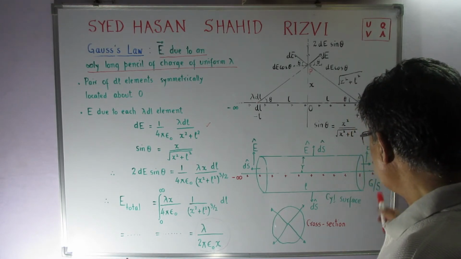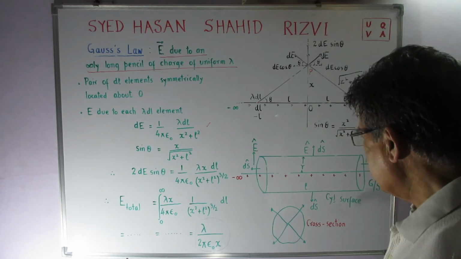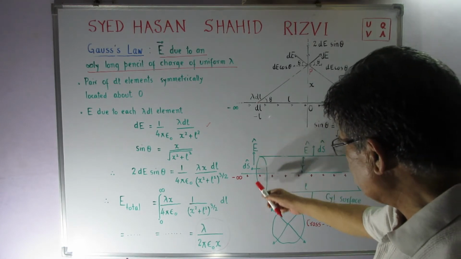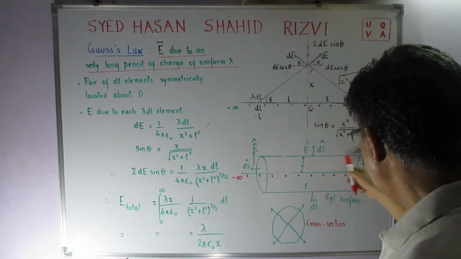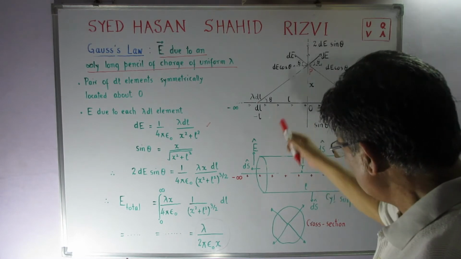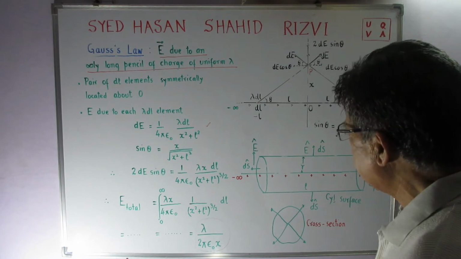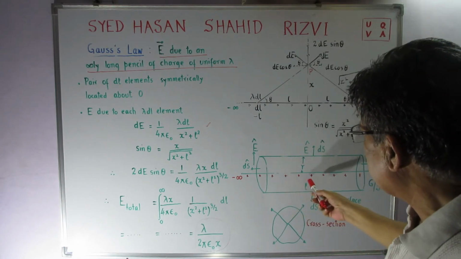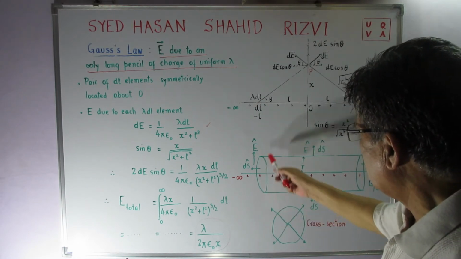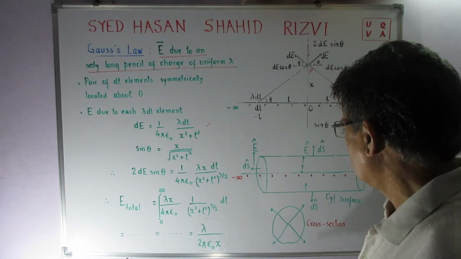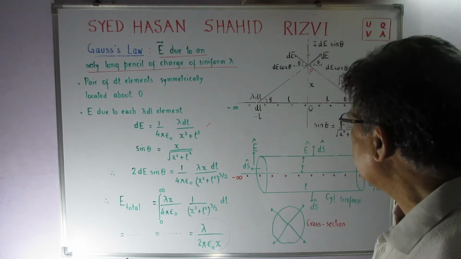A proper Gaussian surface is a cylindrical surface which has two plane faces on the left hand side and the right hand side, and the radius of this cylinder is equal to r. Okay.